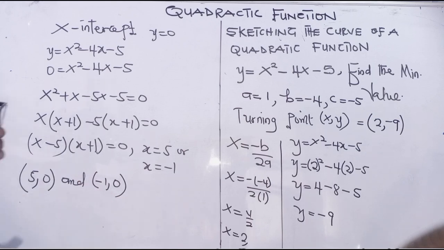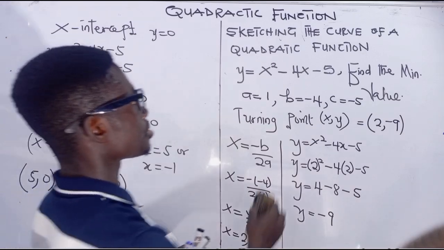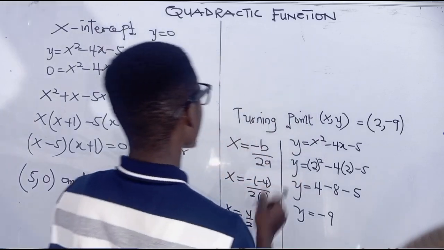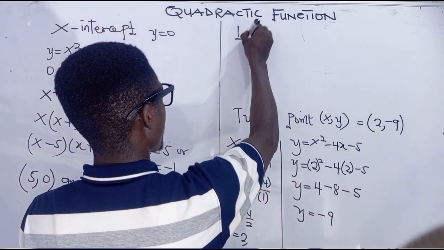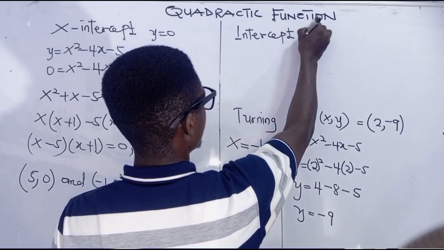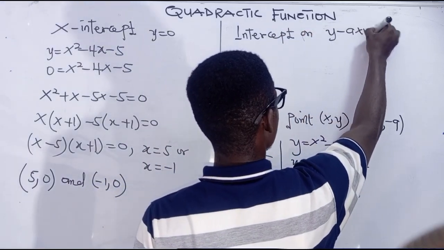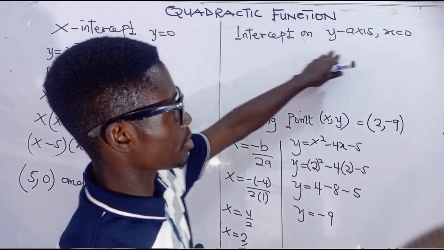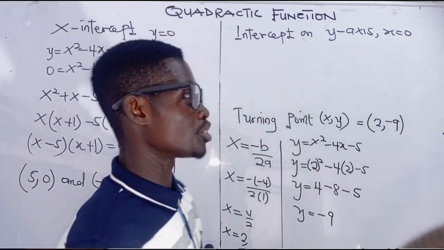Now let's look at the intercept on the y-axis. So on the y-intercept or intercept on the y-axis, x is going to be 0.